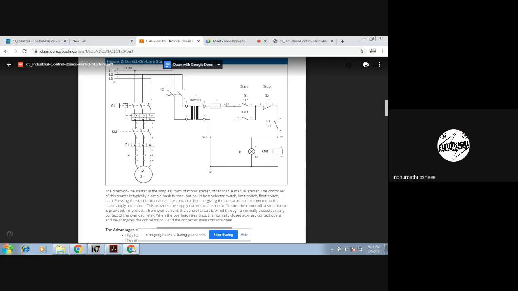So the overload relay is energized and suddenly turns off the starter, automatically disconnecting it from the motor. So the motor goes to the off condition.